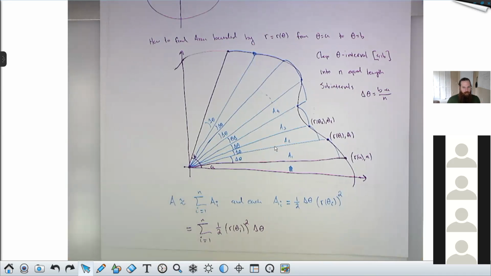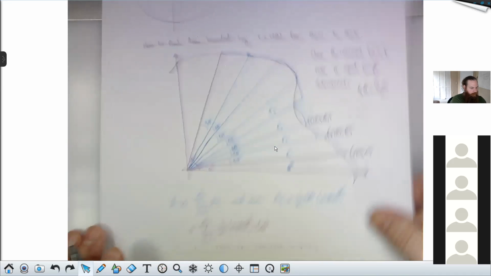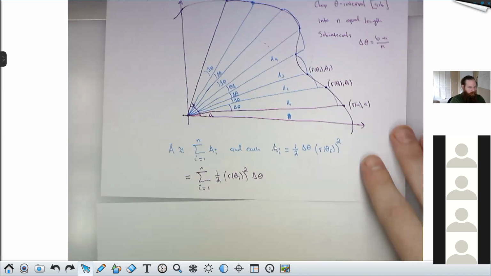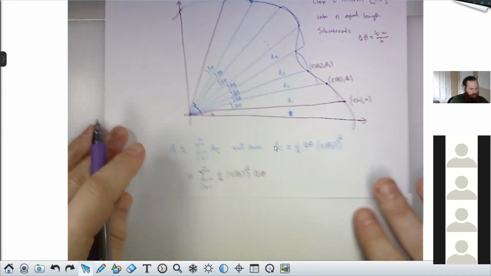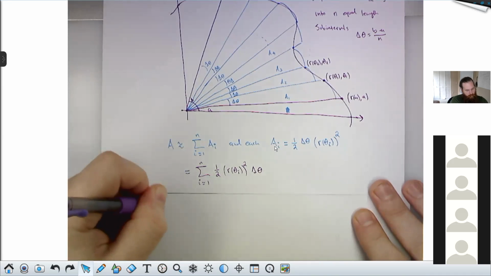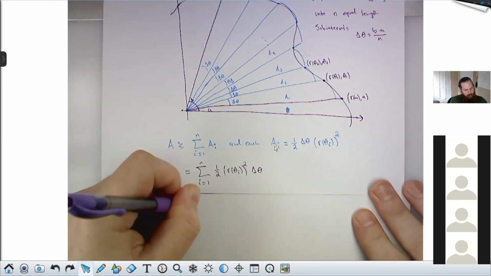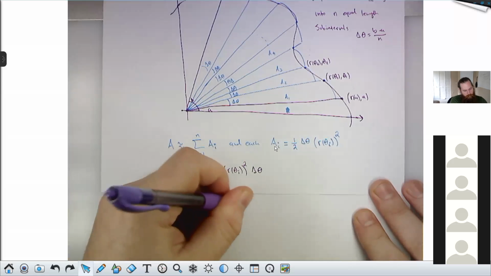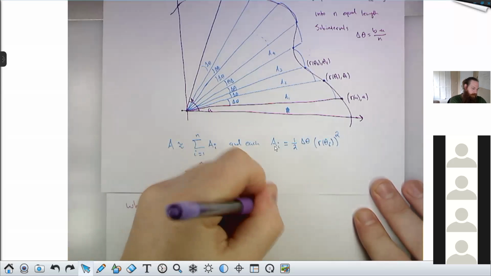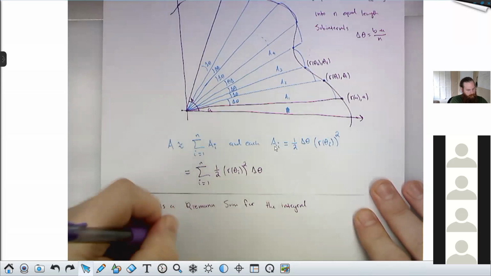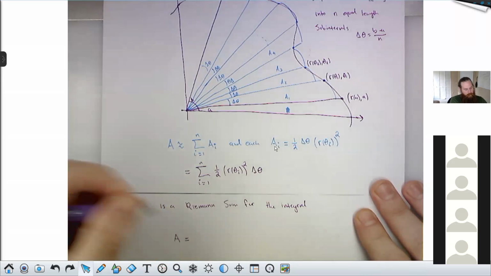So now as I send n to infinity, which is a Riemann sum for the integral, this is the exact value of that area.